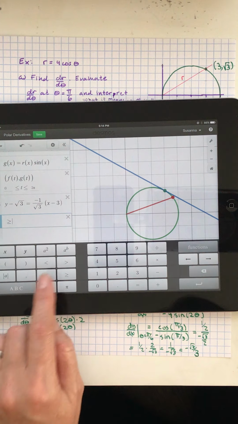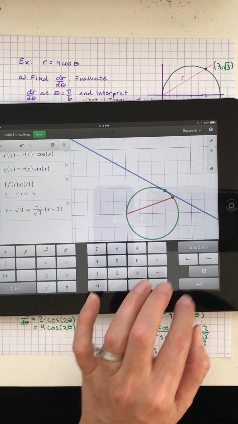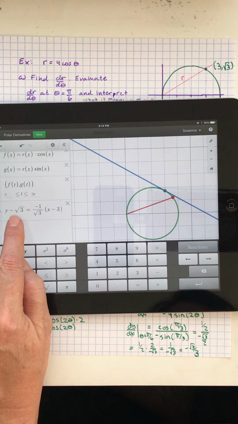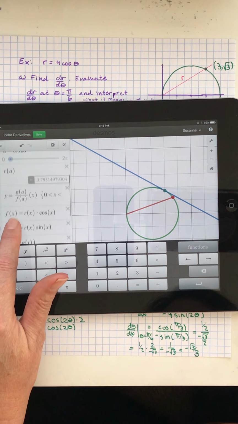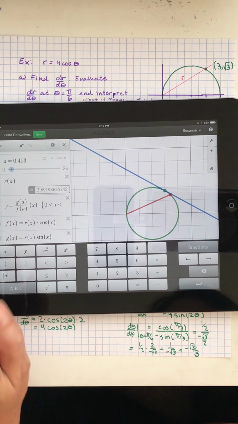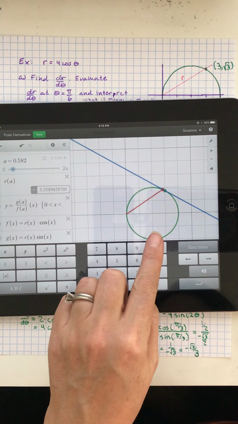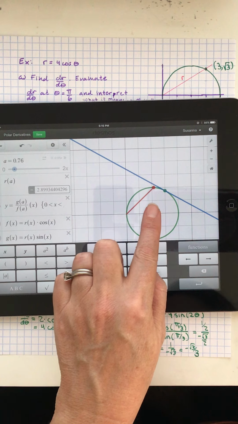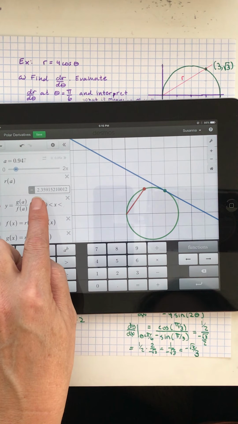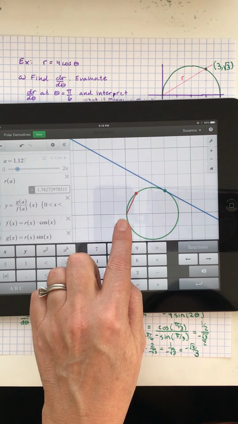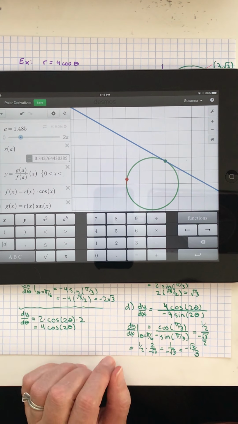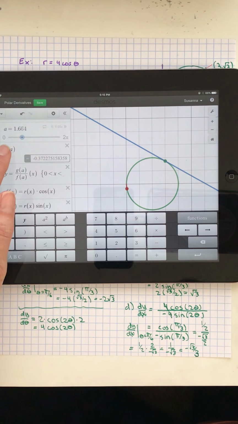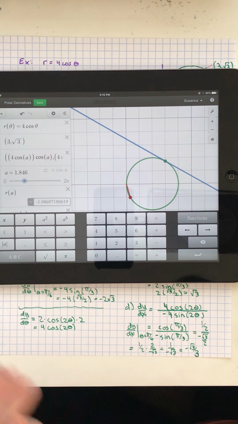It's going through the point with an x-coordinate of 3 and a y-coordinate of √3 that we found earlier. And if I play a point going around here, then it's showing that the r is getting smaller right now. The x-coordinate is decreasing, and it just shows all the features of this graph.